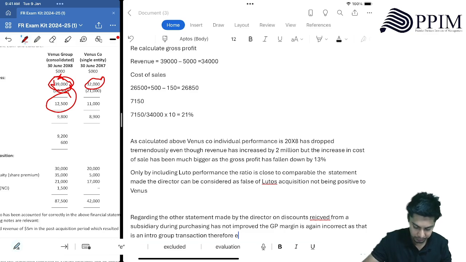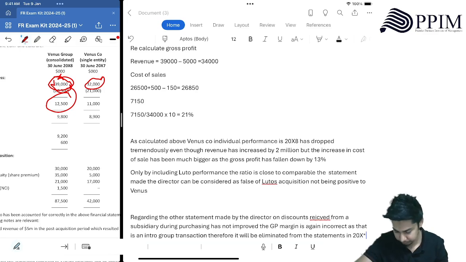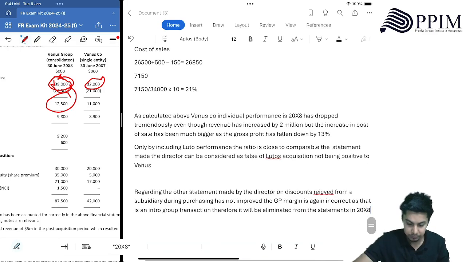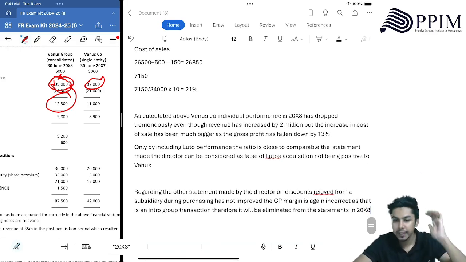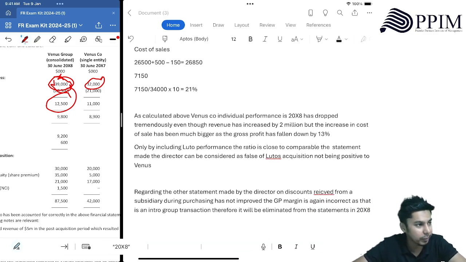Therefore, it will be eliminated from the statement in 2008. So that's why, guys, that one's impact cannot be seen, because that will be eliminated. Anything that is eliminated will not be reflecting on the financial statements, right? So that's why you don't see that.